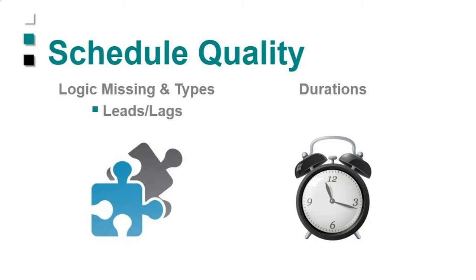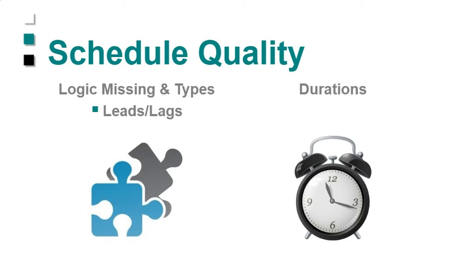Typically, what we're looking at with quality schedules is activities of reasonable duration with good logic, sequencing between the activities, nice and simple, tidy, so that it's easier to manage and easier to work with.